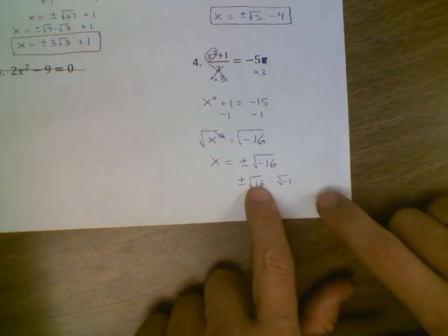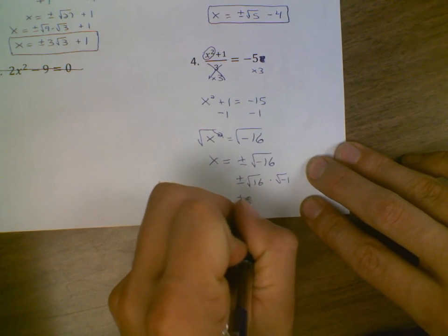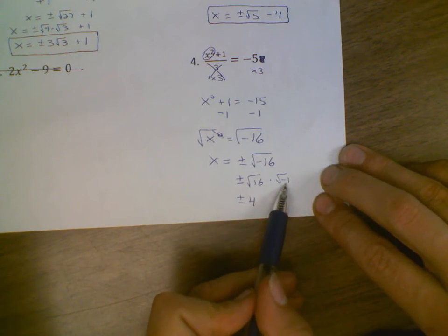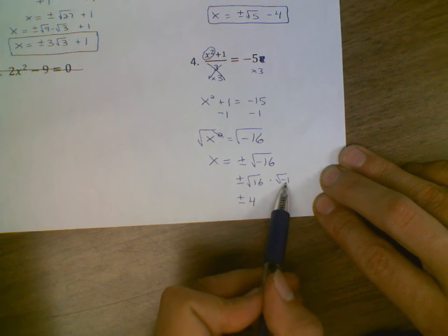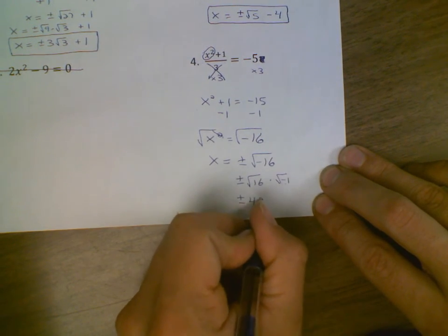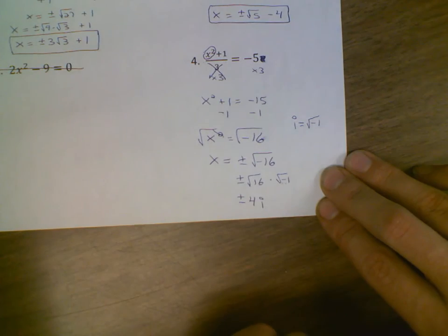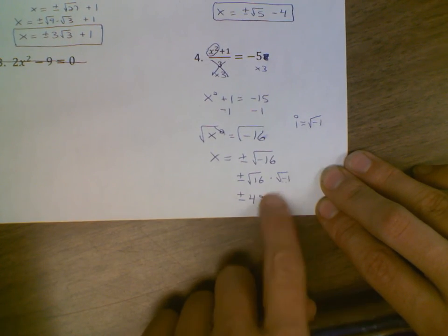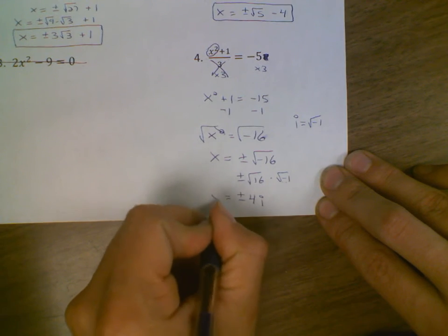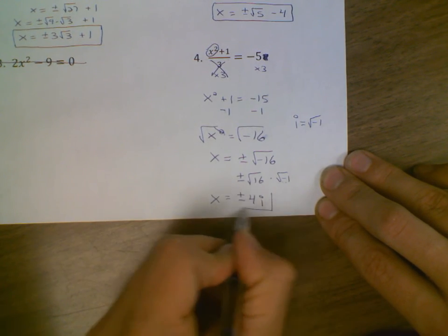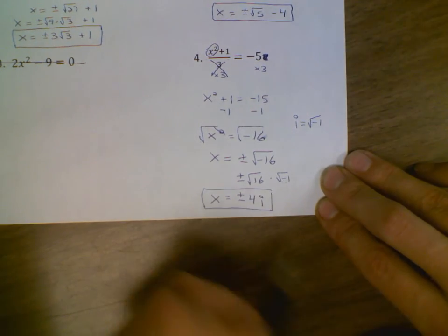The square root of 16 is 4, so I get plus or minus 4. And then remember, the square root of negative 1 is the imaginary unit i, so we write i in place of that. Okay, so i equals the square root of negative 1. So we just rewrite that as i, and then that is our answer. Okay, so your answer should be plus or minus 4i.